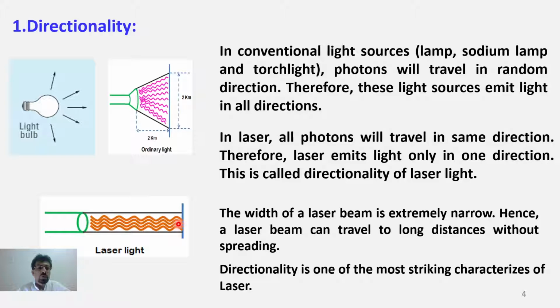So the light emitted from the laser source is a very narrow beam, and due to that the laser beam can travel a long distance without spreading. The directionality is one of the most striking characteristics of the laser, and due to this property, lasers have many industrial applications.